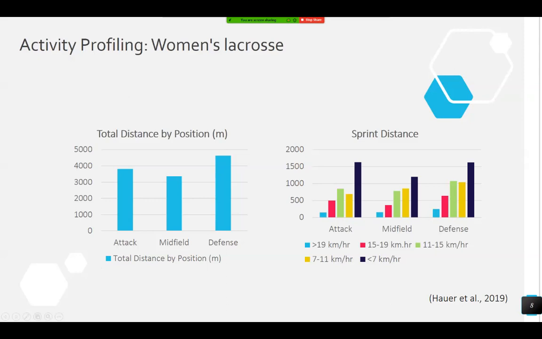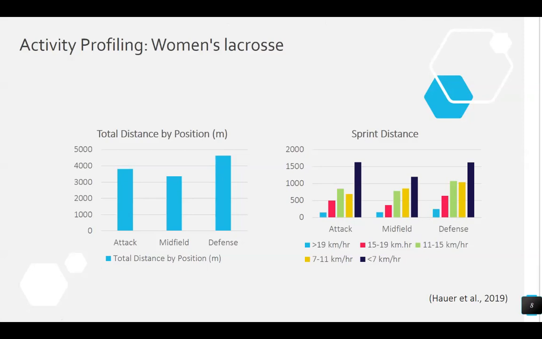In the total distance, this is just a breakdown from one of the articles I referenced earlier, where we can see the differences in position. We have attack, midfield, defense, of course, and goalies were excluded from this. We can see that on the left, defense is obviously going to have higher than attack and then midfield for the total distance. Then we can see a pretty similar activity pattern on the right with the sprint distance, but we can also see the absolute loads.